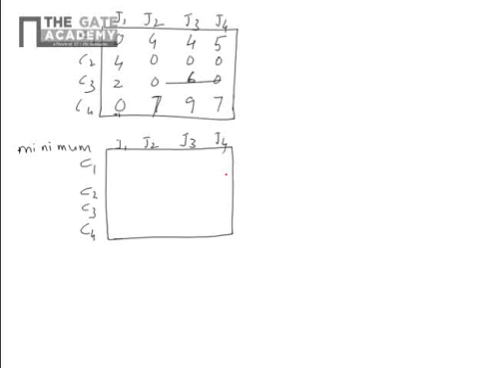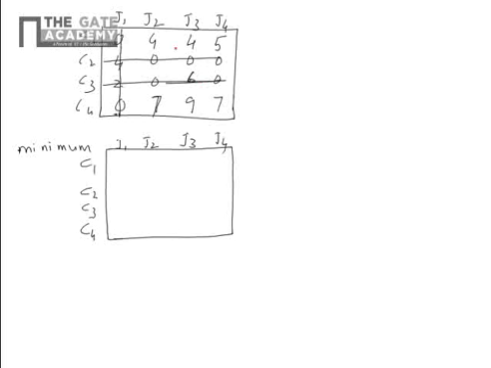If you look at the table, after covering you are able to cover all the zeros with 3 lines, which is less than n, equal to the number of rows or columns. It is a 4-row square matrix, but the number of lines used for covering is 3, so degeneracy is there. So again you have to do the other method.